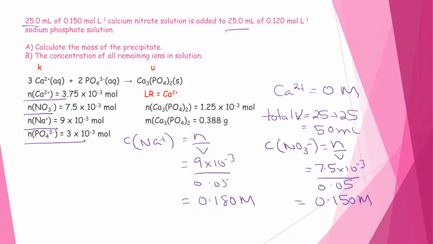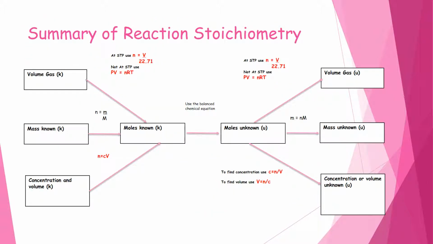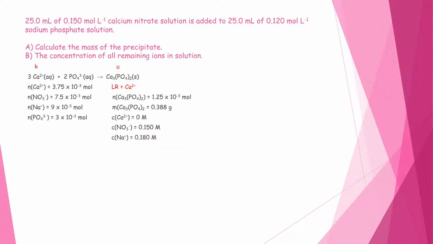I'm now going to have to calculate the number of moles of phosphate ions in excess. In order to calculate the number of moles of phosphate ions in excess, we are going to need to find the moles unknown. This will tell us how many phosphate ions were consumed in this reaction.